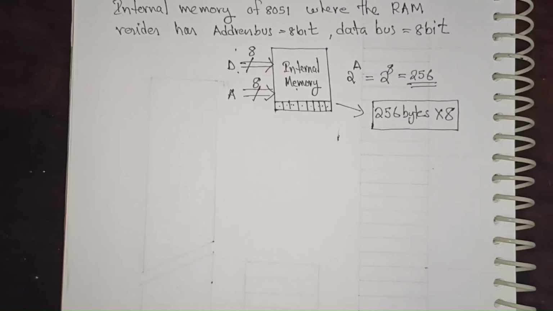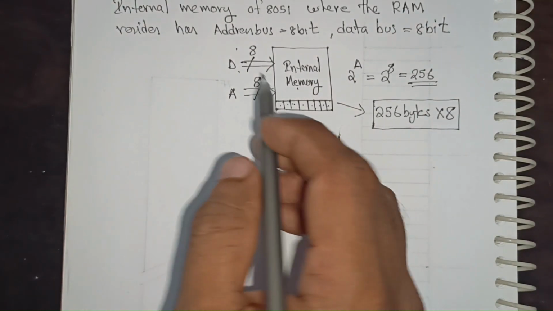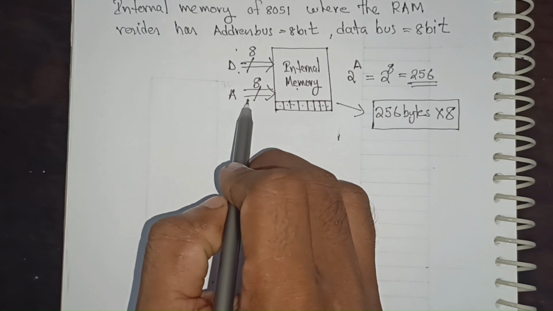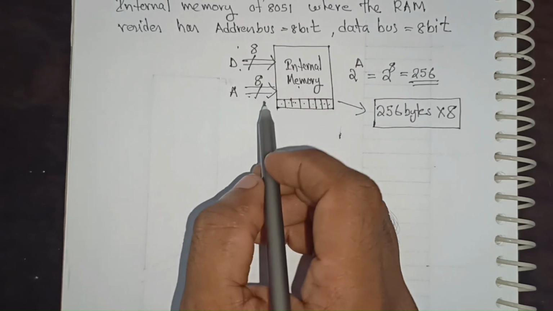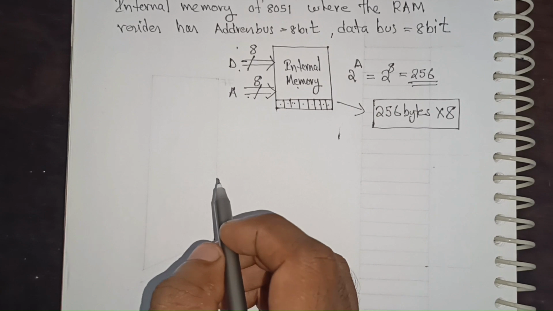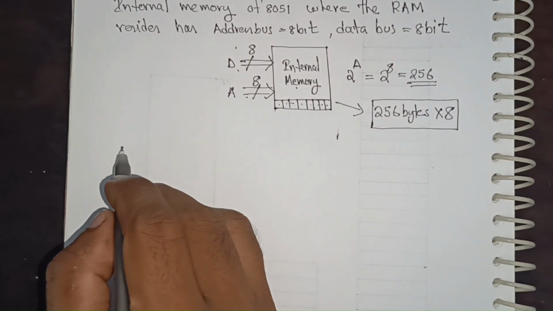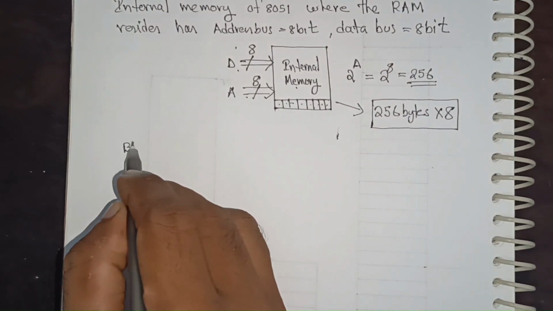For the address range, we have 8 bits for each address, right? So the range will be, first of all, I will write in binary.